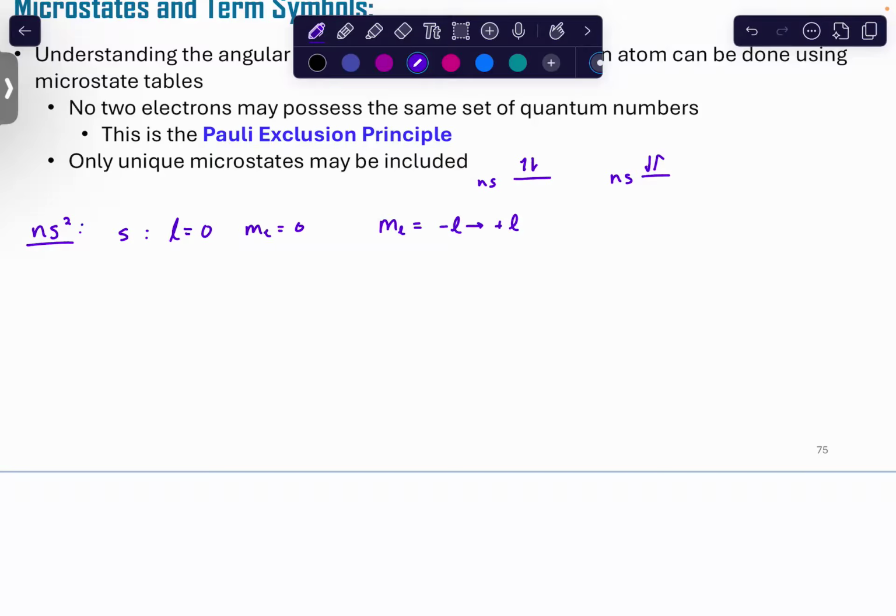Another thing to keep in mind, and this works for two electron systems, it becomes more complex beyond that, but your value of L is going to be L1 plus L2. So these are all your possible values of L: L1 plus L2, minus 1, and so on, until you end up at L1 minus L2.